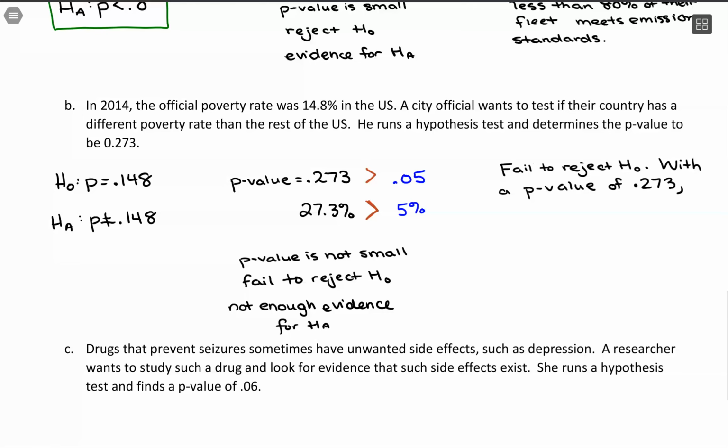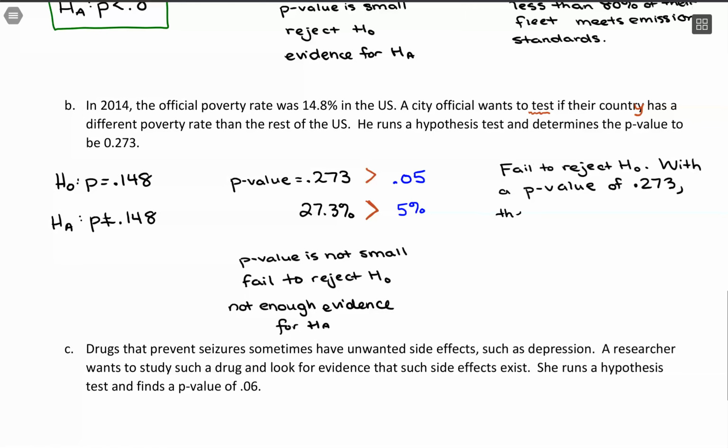And then the sentence should always be phrased in terms of the alternative. So up above in part A, we had evidence for the alternative. And now I'm going to write in a way that portrays that there's not enough evidence for the alternative, which again, in the wording, you can look for the structure for how you want to phrase the alternative. So we wanted to test, and sorry, this says country, but it should be county, if their county has a different poverty rate than the rest of the US, and we didn't have enough evidence to prove that.